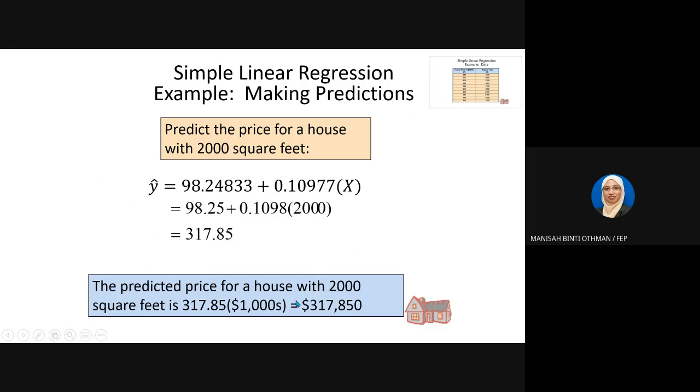So this is the predicted price for a house with a 2,000 square feet size.